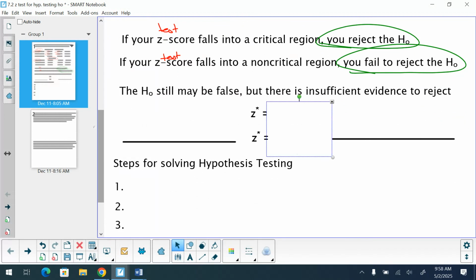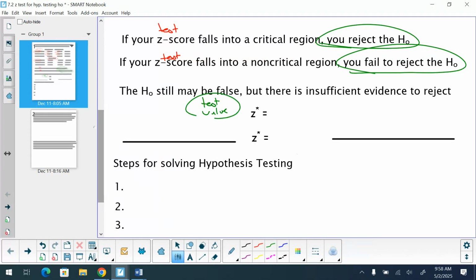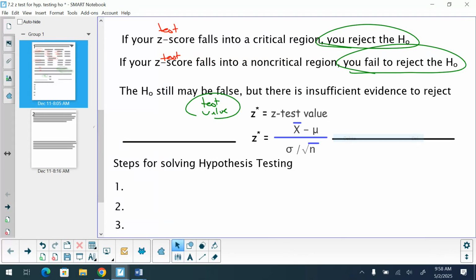Well, what we have here is a test value. Statistically, we have to calculate a test value. How we calculate this test value looks just like our central limit theorem Z value.